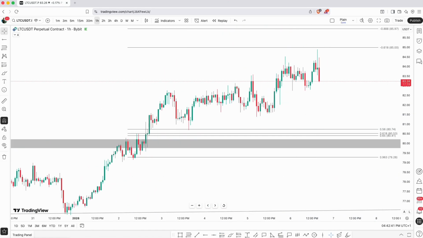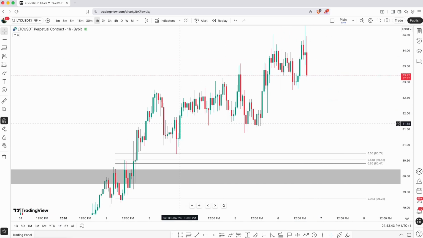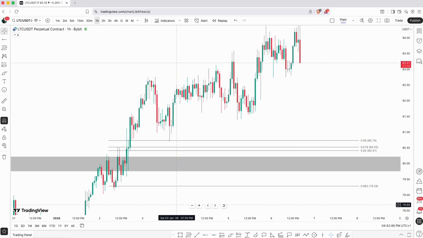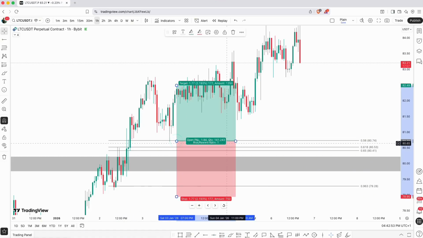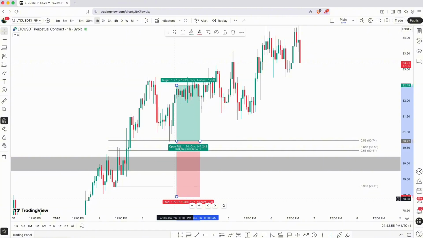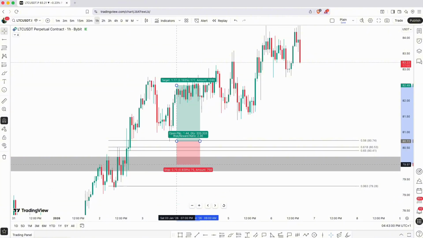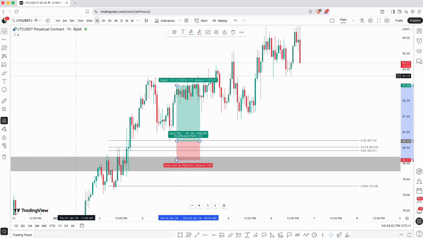So once I come down to the 1 hour time frame, what I want to be looking for on the 1 hour time frame is entries, because it is here that I'm going to be setting my stop losses. I can even go to as low as the 15 minutes time frame. So I want market to come, bounce from that level, and then I will be putting my stop loss just beneath that low there. Or I can go to the 15 minutes time frame and start looking for the appropriate place to put my stop loss.